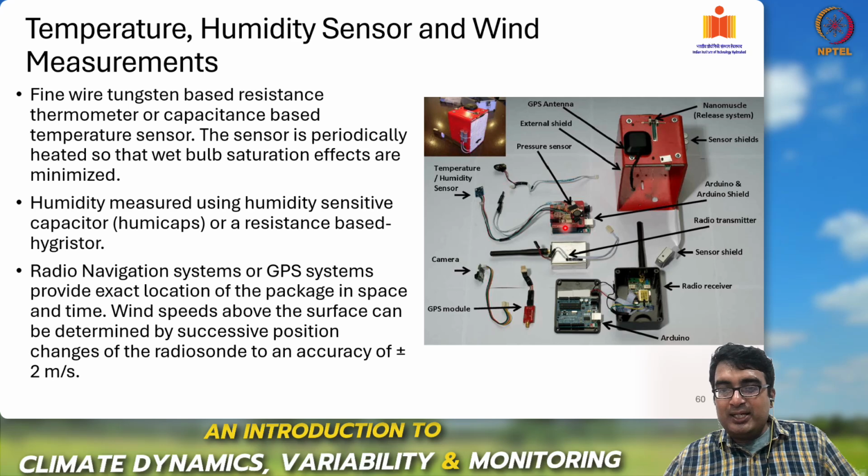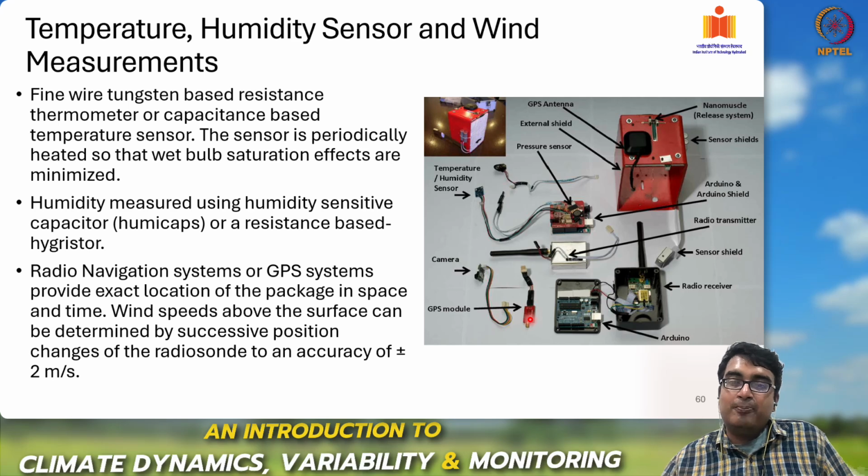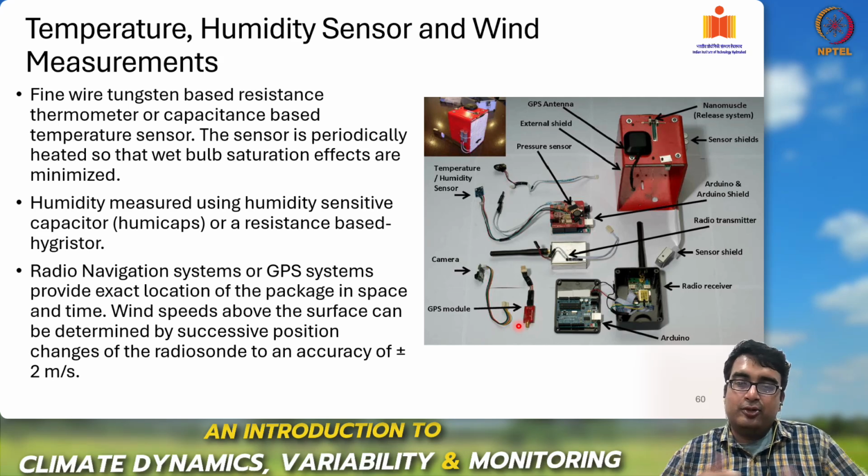Inside you have the pressure sensor. Here it's probably an aneroid barometer that is being used. This is the temperature and humidity sensor. We will discuss this here quickly. This is a camera. This may or may not be used to record an optical image of the ascent system. This is a GPS module. This is connected to the antenna here to basically track the location.